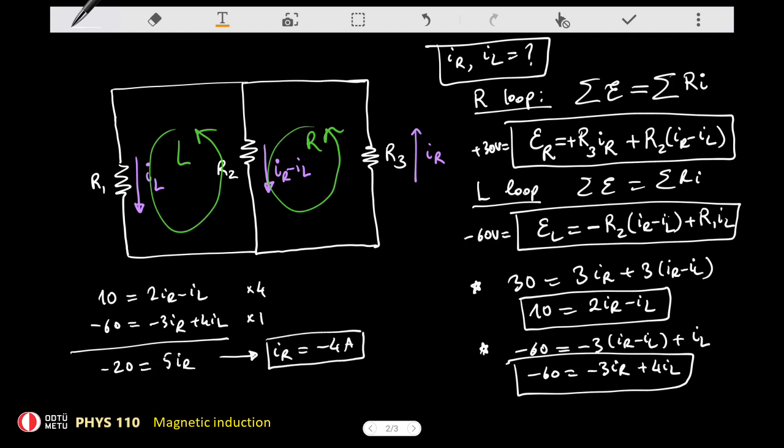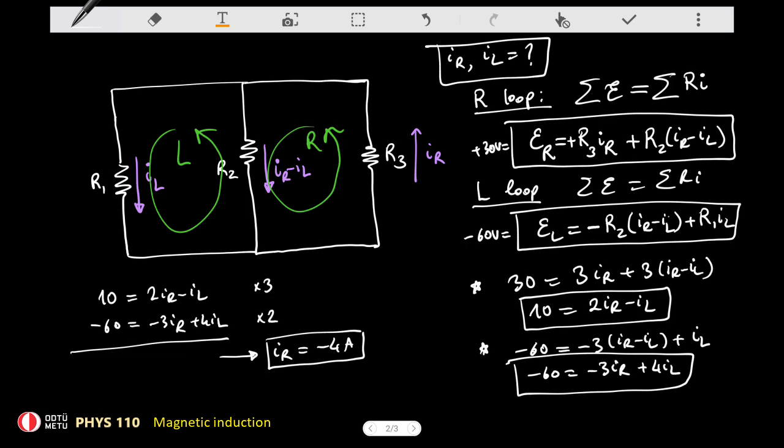Okay, I'll erase in here because I don't have much space. I can do the same thing, or I can just insert this into one of these equations and solve for IL. But I'm just going to do it like that. I multiply the first equation by 3 and the second equation by 2 and add them up.